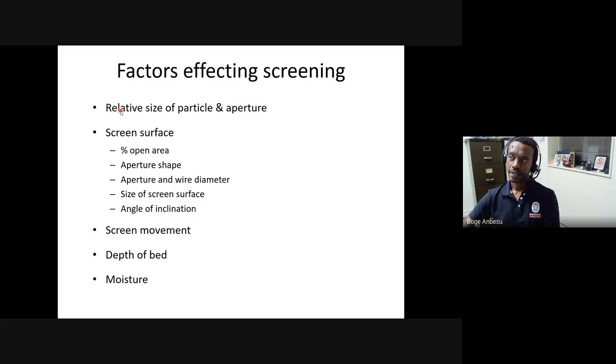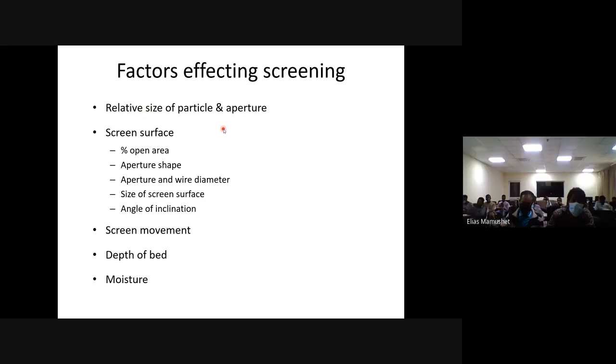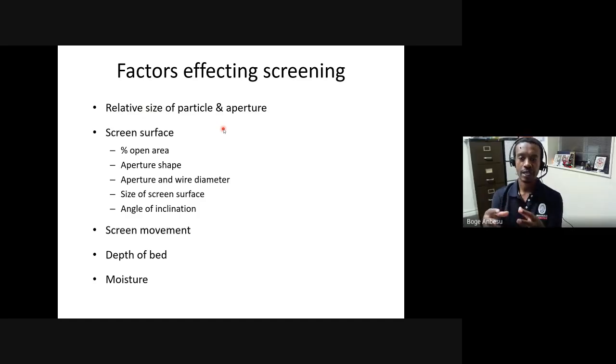As I said here, for example, take the relative size of particle to aperture. If I am going to select a particular screen for my operation, the first thing you obviously work out is the capacity of the screen, and that's more dependent on equipment specification.